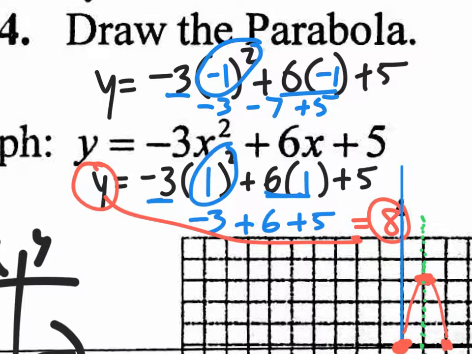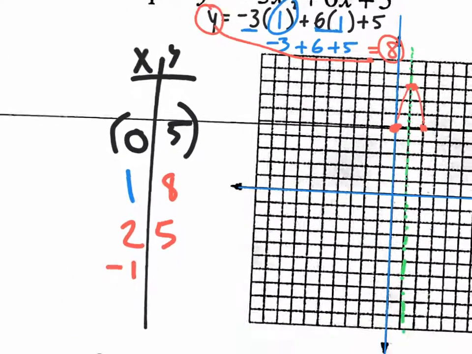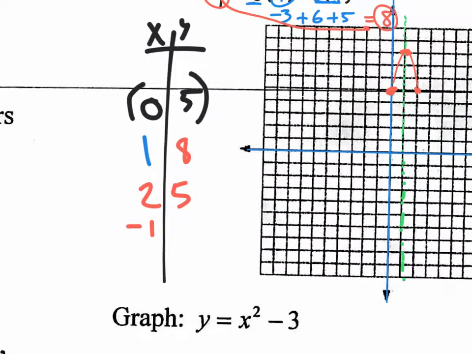So when I plug in the -1, I actually get -3 minus 6 plus 5. And that answer is going to be what? -3 minus 6 is -9. -9 plus 5 is what? -4. So when I plug in a -1, I get out a -4.